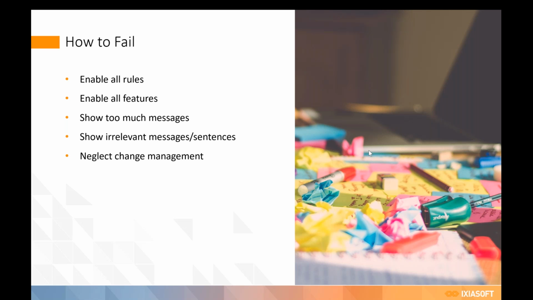But there are messages that simply need confirmation from the author. For example, about passive voice. Passive voice in certain situations is a bad idea because it hides the person who should actually do something. However, passive voice has its place in a language. There are reasons why we should use passive voice. So the software can, of course, recognize passive voice, but sometimes it's okay to use it and sometimes it's not.